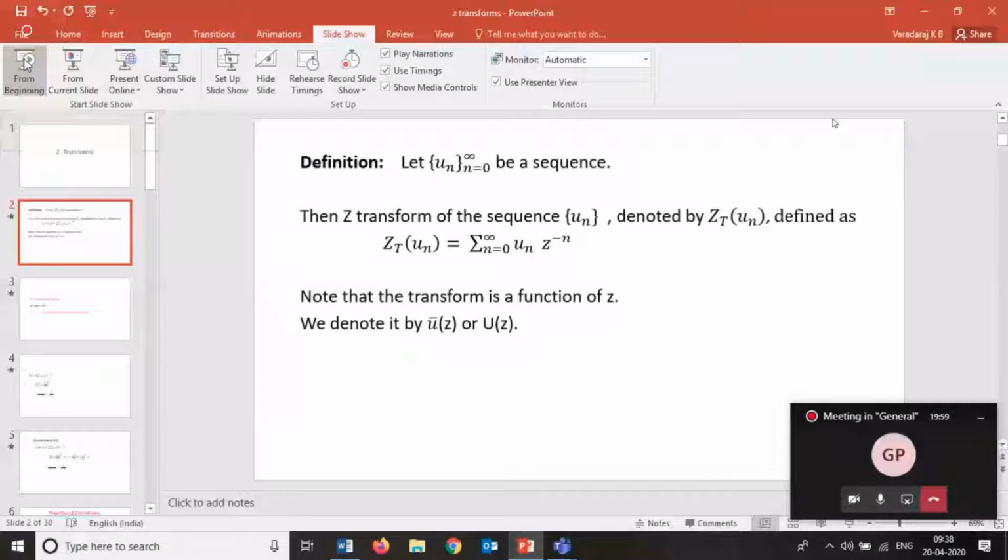Sequence is a function from the set of natural numbers into the set of real numbers. Now, because we cannot expect always functions to be continuous. If a function is continuous, we can use the Laplace transform or the Fourier transform. But if the function is discrete, we cannot use that. So we are defining what is known as Z transform for this.